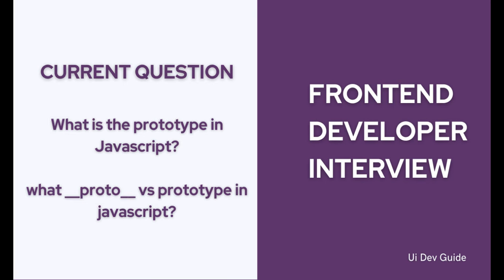You can assign a constructor to your object, and it would run like a class, a kind of object oriented programming. Okay. And what is underscore underscore proto? Prototype is the name used in JavaScript, and underscore underscore proto is what is printed in the console. So both are the same. Okay.